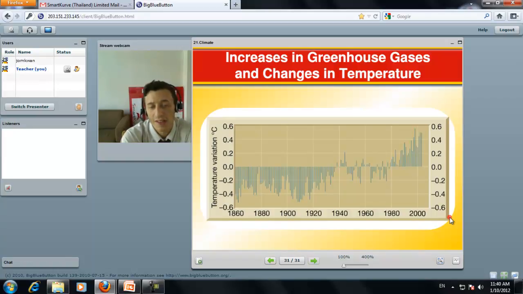That's why if we look on slide 31, we see temperature variation from the year 1860 to the year about 2005. And we see what appears to be a very steady increase in temperature variation, meaning that temperatures are getting hotter every year. And not only that, but the rate at which they're getting hotter is increasing.